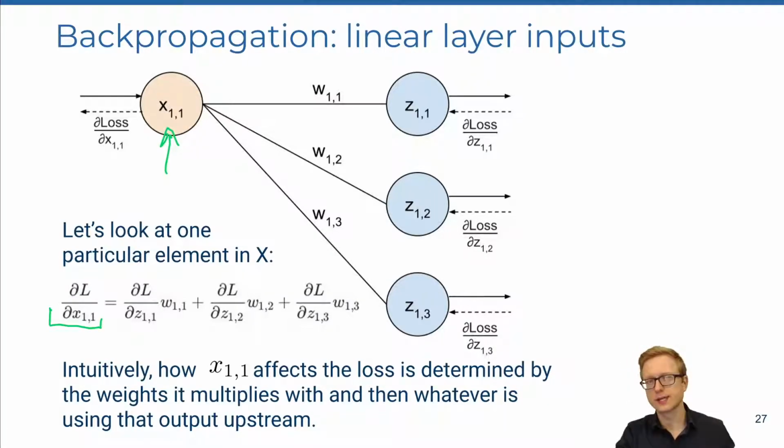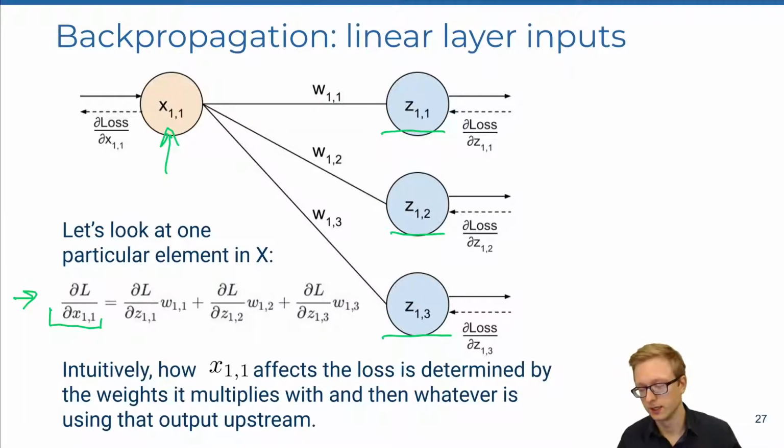Now, if you look at the equations for the forward pass of the neural network, then you can work it out that this particular element affects exactly 3 values in the output, Z11, Z12, and Z13.